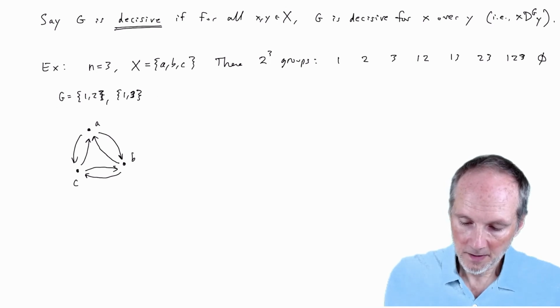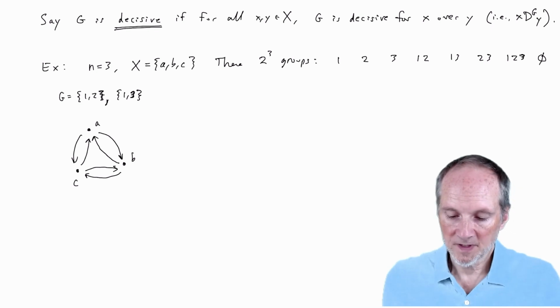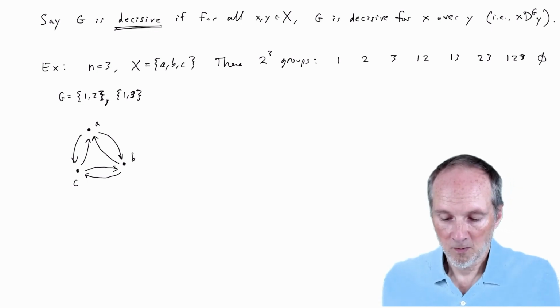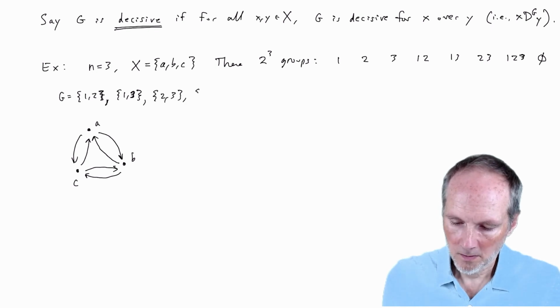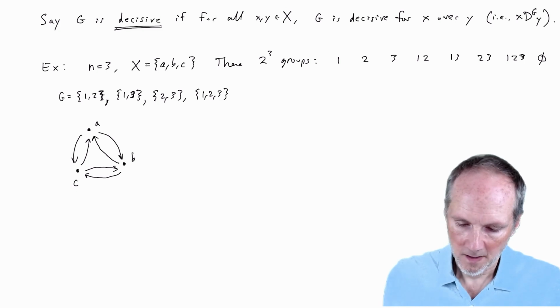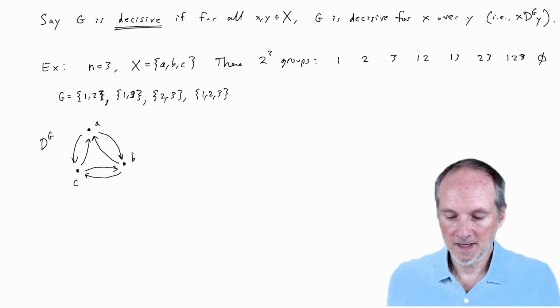So if the group is 1 and 2, or 1 and 3, or 2 and 3, or 1, 2, and 3, the decisiveness relation looks like this.